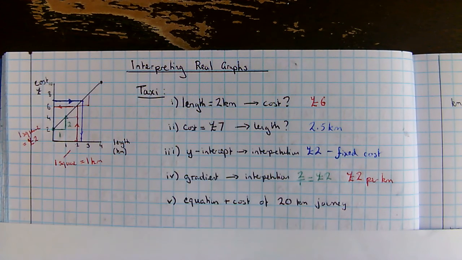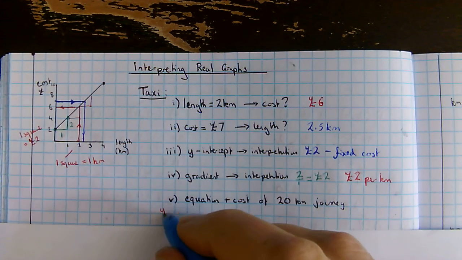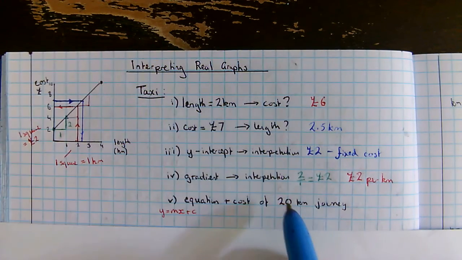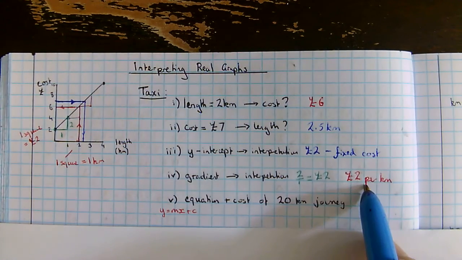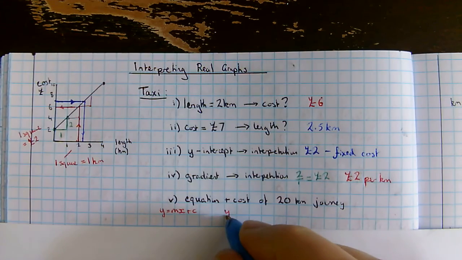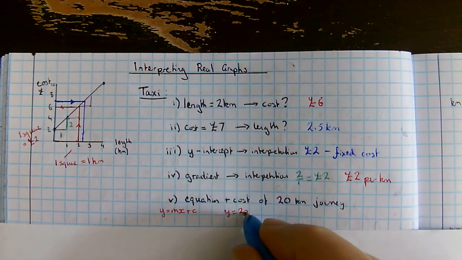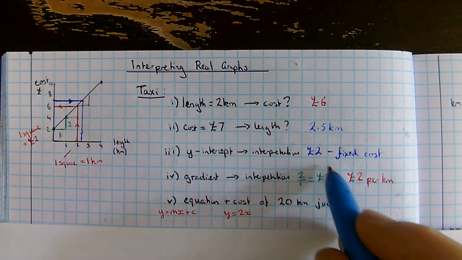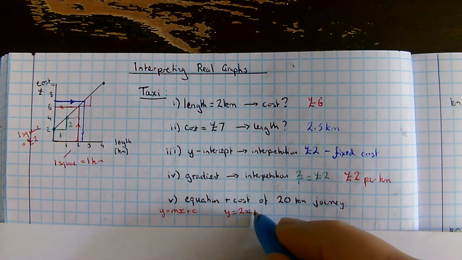The last thing it asked me was, what's my equation? I know that the equation is y equals mx plus c. I worked out what m was beforehand, it's the gradient, so y equals 2x plus my fixed cost c, my y-intercept: 2x plus 2.